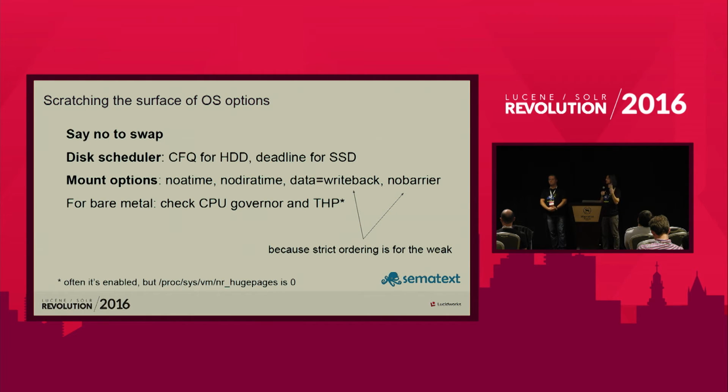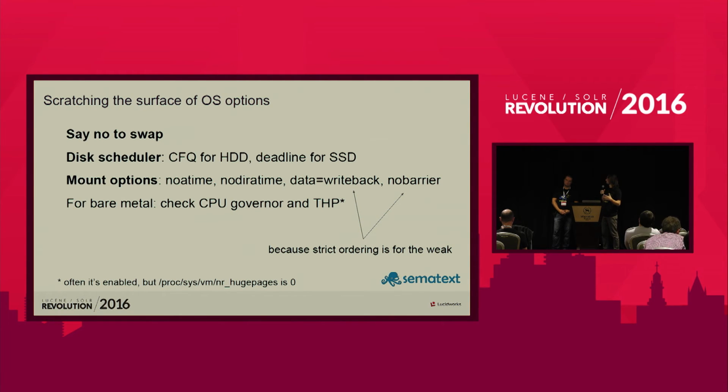Mount options: you can skip writing access times for files and directories, and you can also make the journal not care so much about the writing order. Of course, it's possible to lose data in this case, but that's what replicas are for.